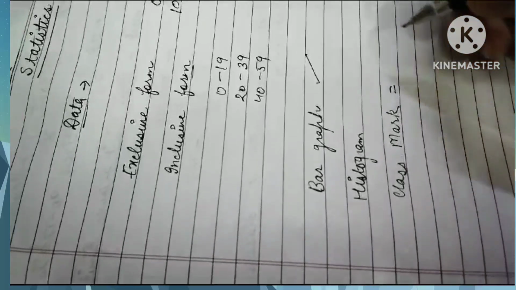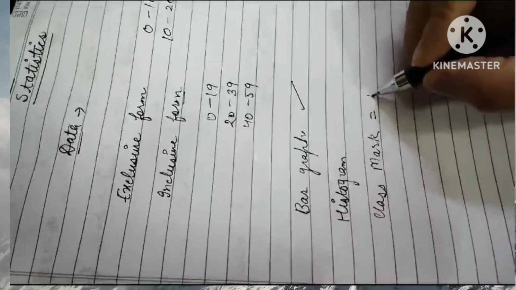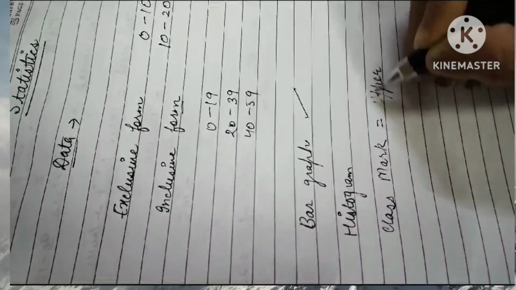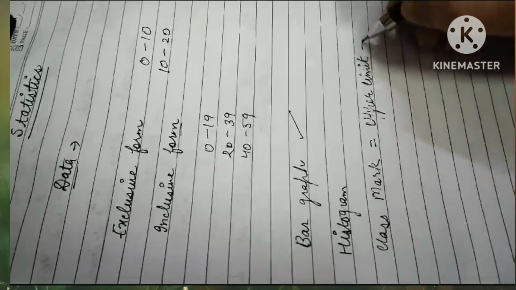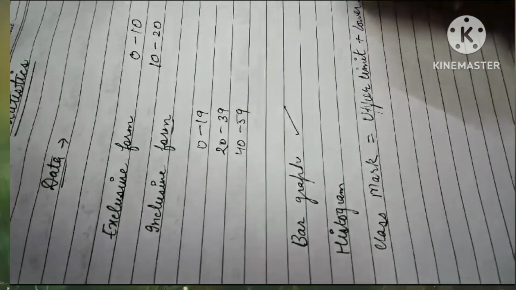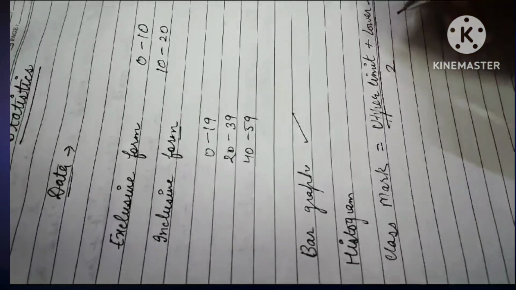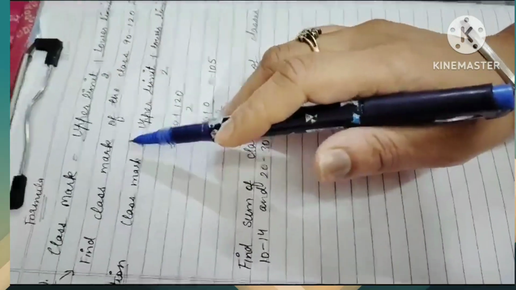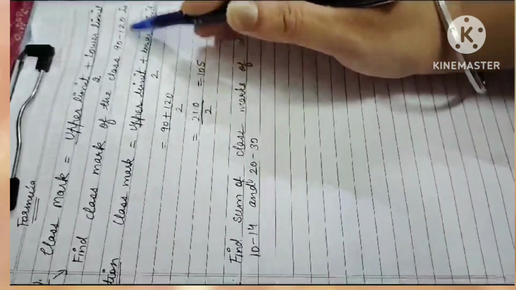Now what do you mean by class mark? The formula of class mark is upper limit plus lower limit upon 2. First example: find the class mark of class 90 to 120.